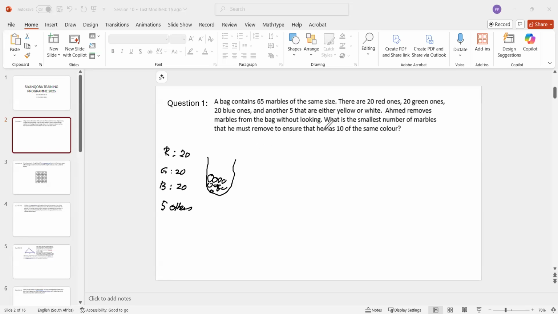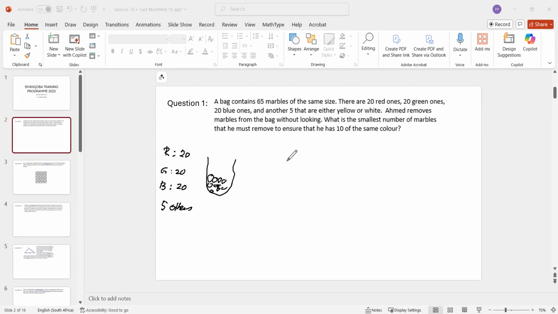So that means, what is the smallest number of marbles he must remove to ensure that for certain he must have 10 of the same color? So what we have to do is to take the worst possible case. He doesn't get 10 of the same color until such time he comes to a situation where he's forced to take 10 of the same color.